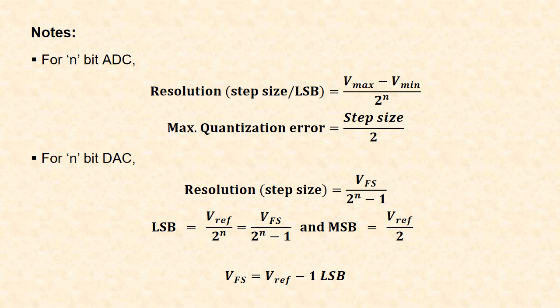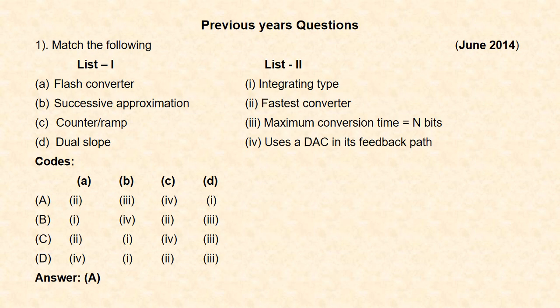Here, VFS is the full scale output voltage, and the full scale output voltage VFS is equal to V reference minus 1 LSB. Next, let us see the previous year's questions.